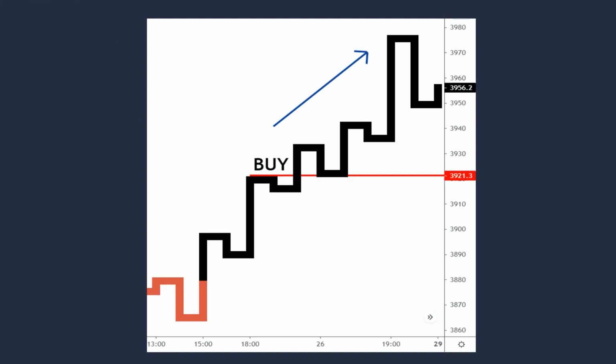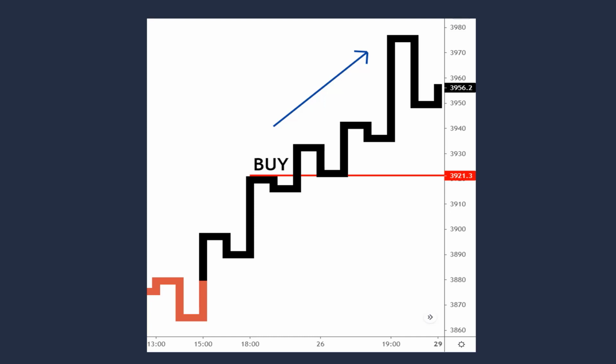Now this is an example on the S&P again, but this time it's on an hourly chart, so we've sped things up a bit, and it's a buy example. You can see in the bottom left we've turned from red to black around 3 o'clock. Now old rules say you go in there, and yes, that would have worked in this example, but the odds are against you, so we wait until that second high is broken around that 3921 level, and we enter in.